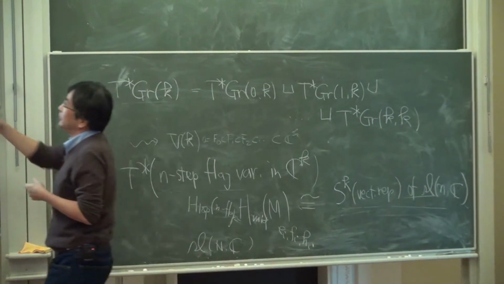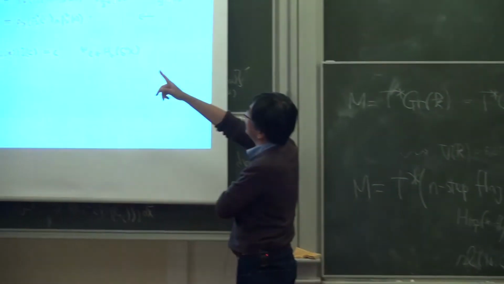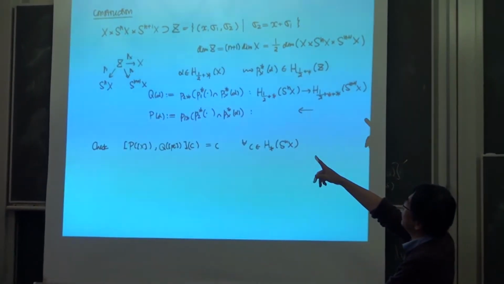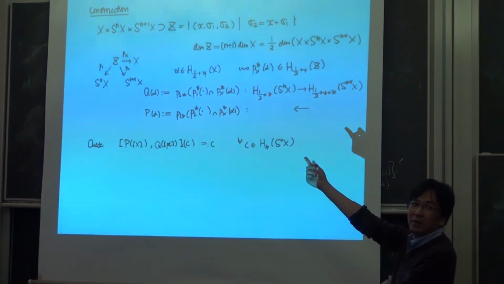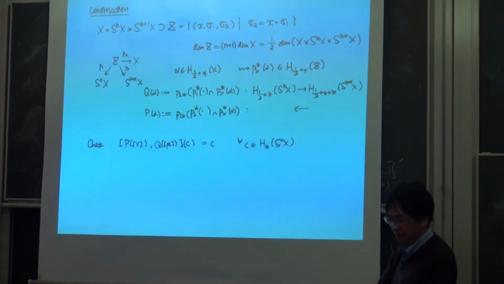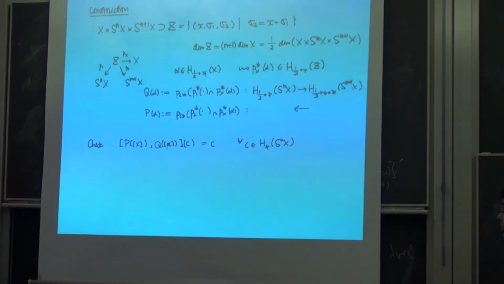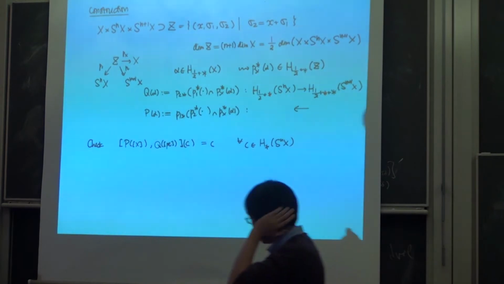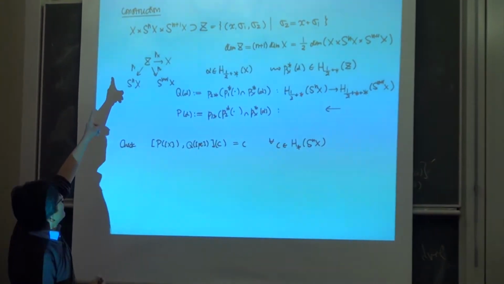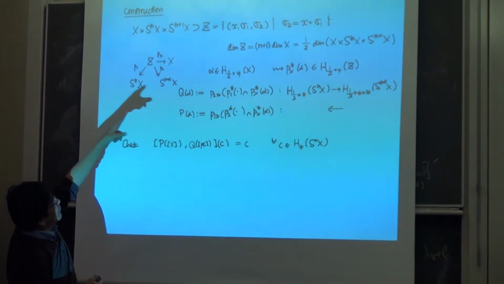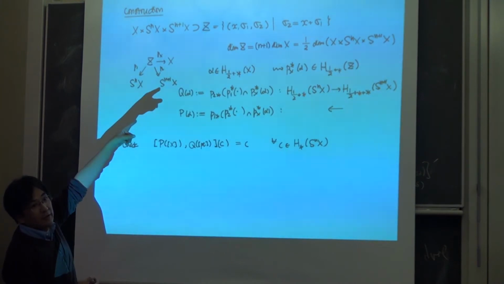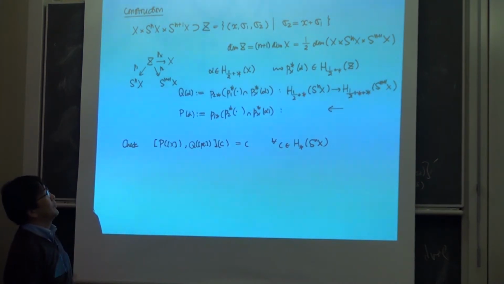I don't assume X to be a symplectic manifold, but if I assume X to be symplectic, the symmetric power is again, of course it may have singularity along those diagonals, but it is a kind of general symplectic manifold in a general sense, and the triple product is again a symplectic manifold, and Z is a Lagrangian submanifold in the symplectic manifold.